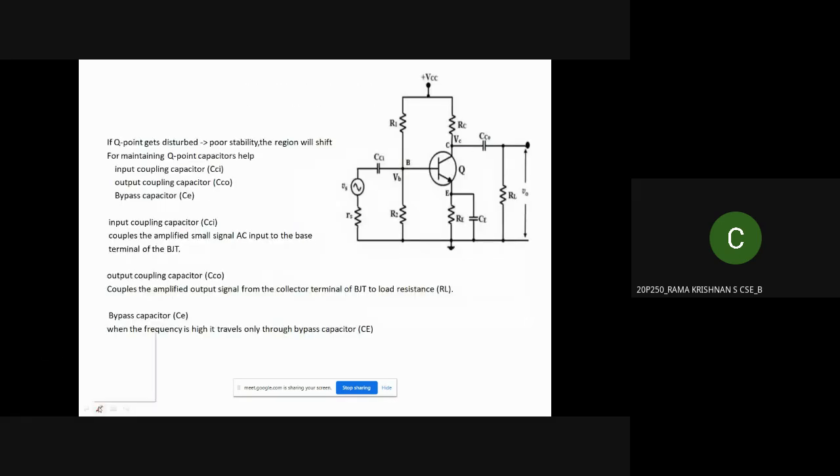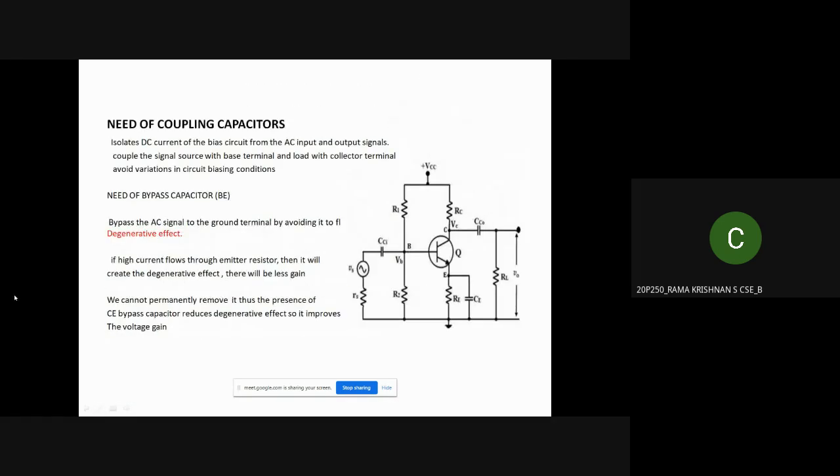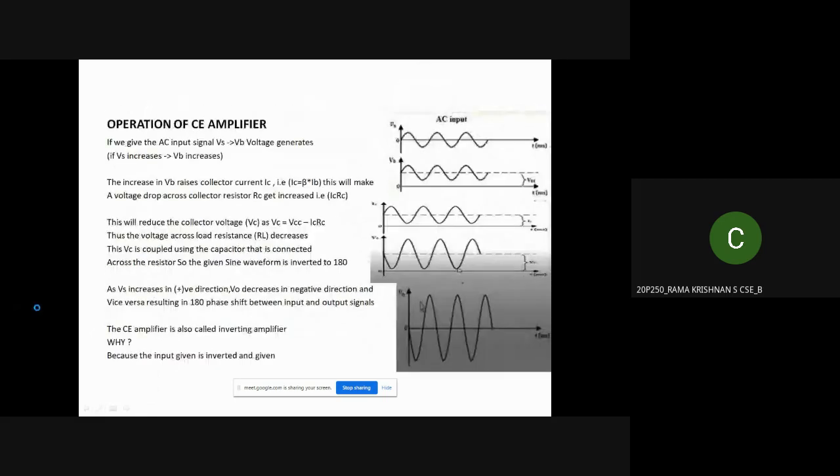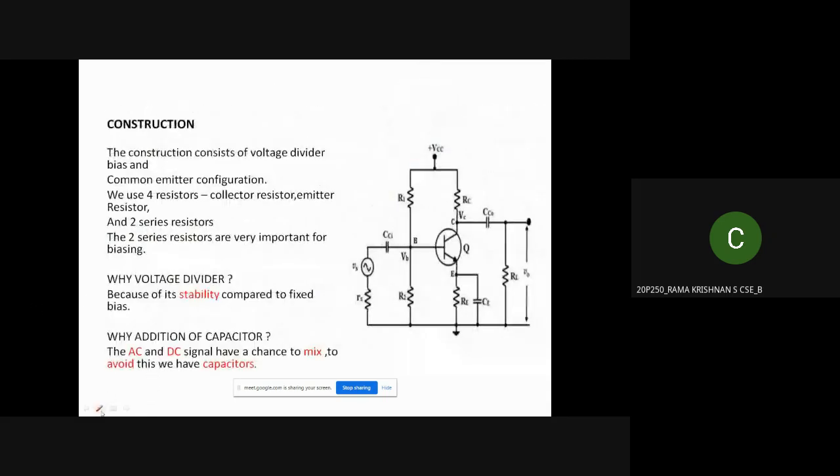If you can see, this part is the common emitter configuration, and this whole part is the voltage divider configuration.